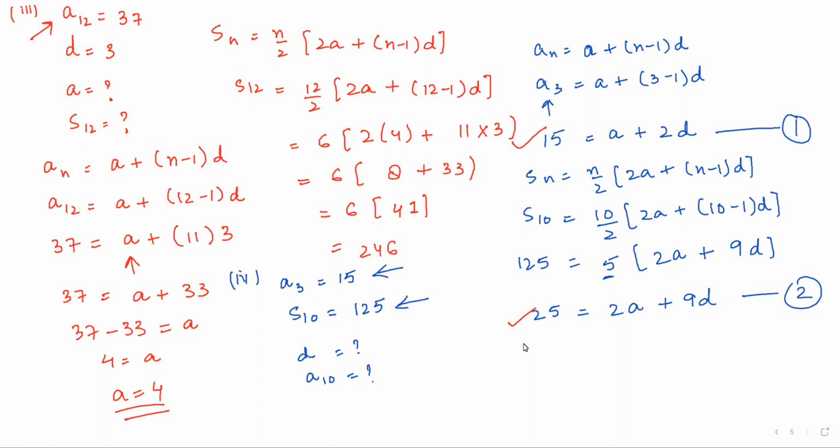So you can see if I multiply equation 1 by 2, I'll get 2a, so that I can subtract and a will be gone. So multiplying equation 1 by 2, you multiply the whole equation. 15 into 2 is 30 is equal to 2a plus 2 into 2, 4d. All right. This is your third equation now.